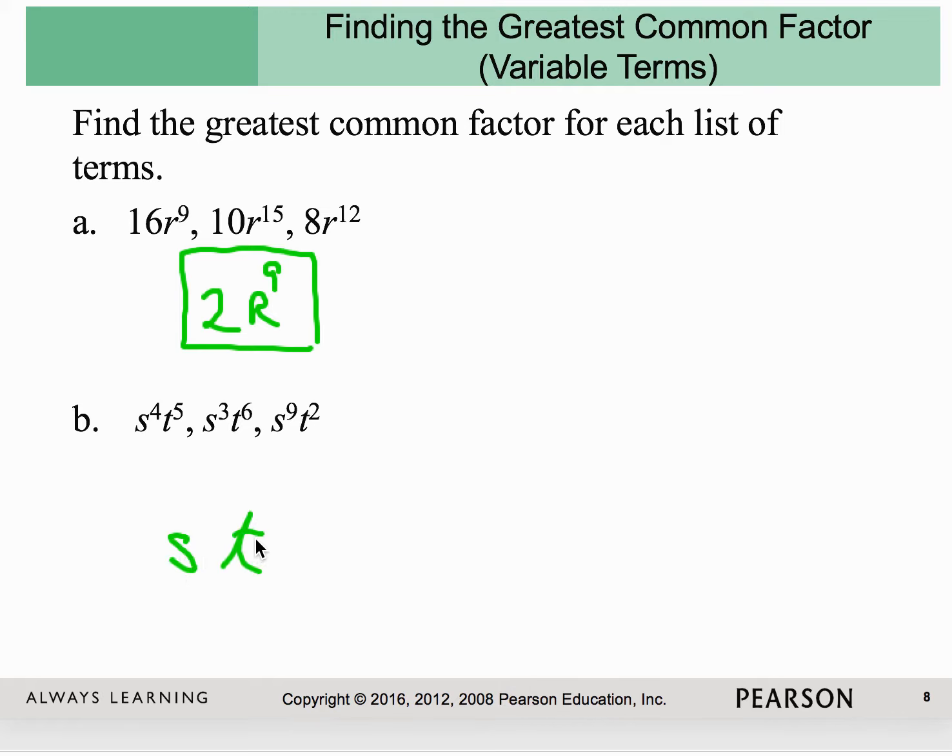I just have to figure out what's the most that they all have in common. Let's see, this has 4 S's. Oh, this one only has 3. That one has 9. So S cubed, the smallest exponent. 5 T's, 2 T's is the smallest amount of T's. So that's the most that each one has as a factor.